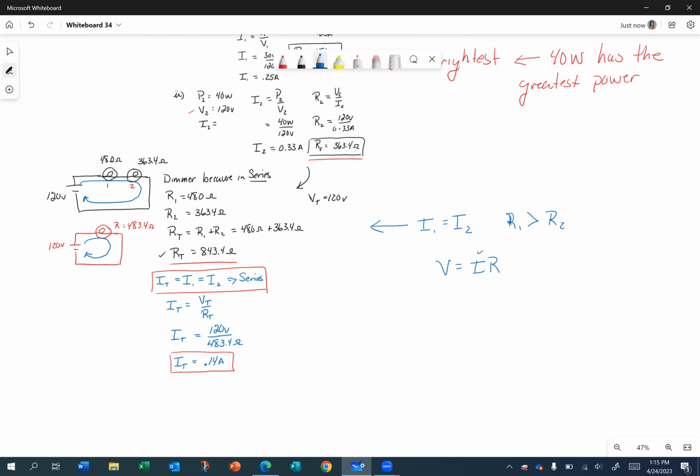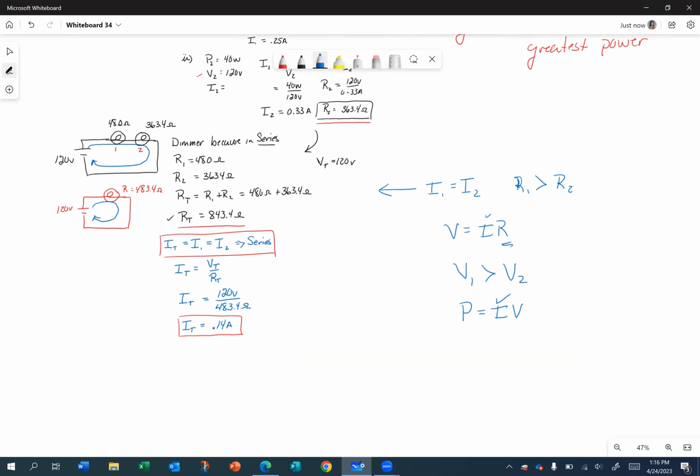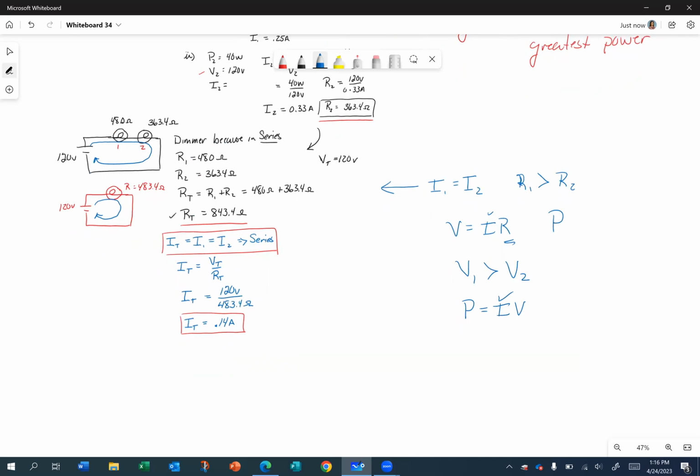If this variable is the same, and the R value is greater, then the one with the greater R value gets the greater voltage. So that means V1 is greater than V2. Since power is equal to current times voltage, and again, current is the same, the one that has the greater voltage will have the greater power. So that means P1 is greater than P2.